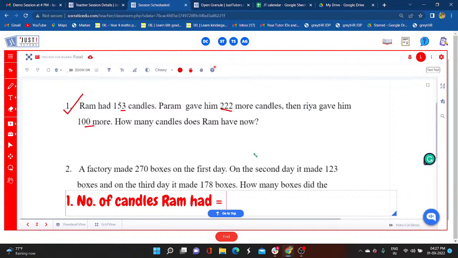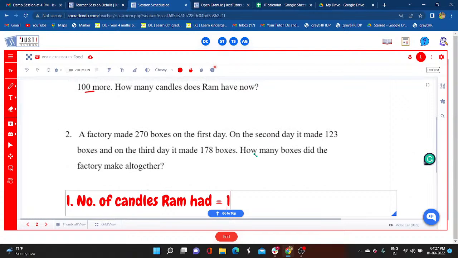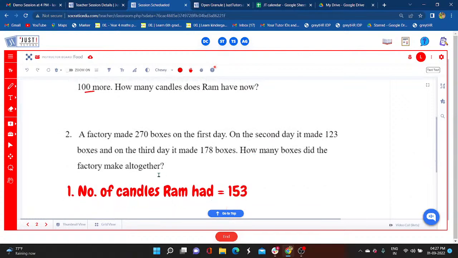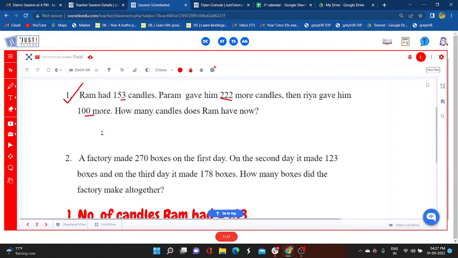How many candles did Ram have? 153, right? 153. Now the second statement, Param gave him 222 more.